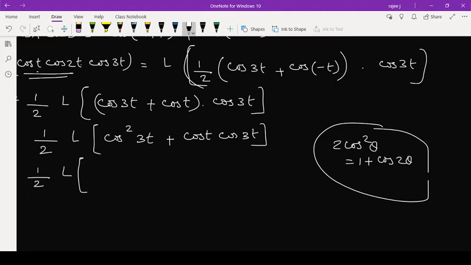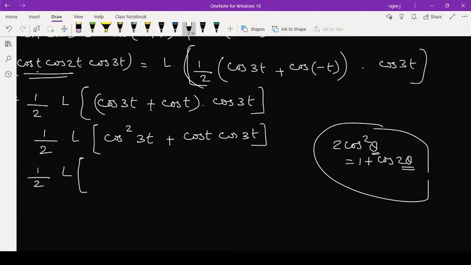So this cos square 3t I will write as follows. If it is cos square theta, here it is 2 times theta. If it is 2 theta here, it will be 4 theta.